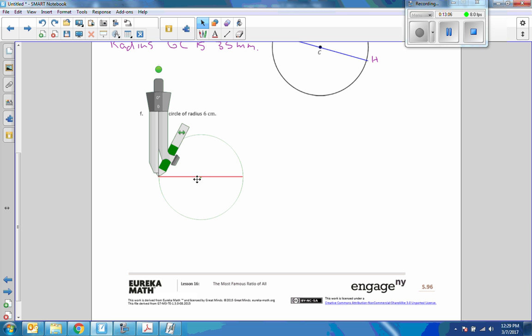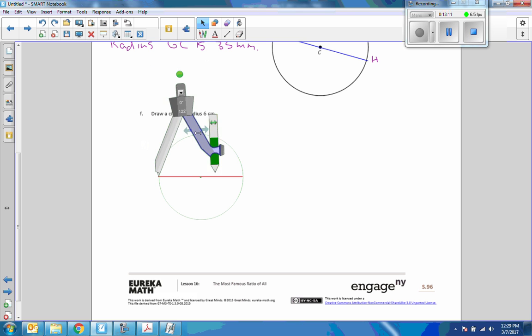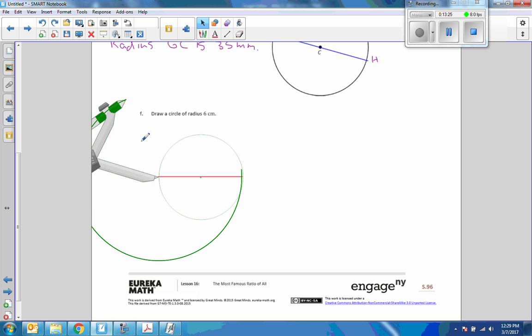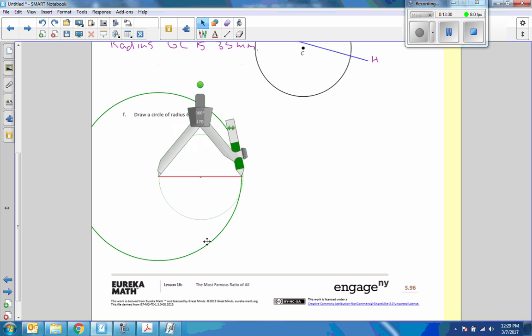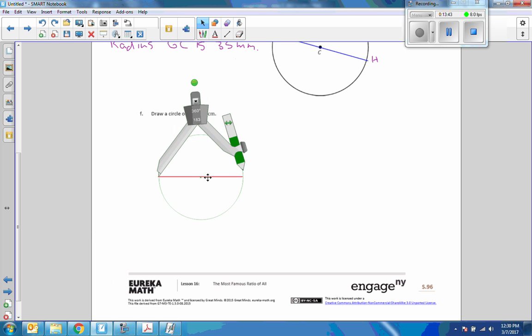Okay, so this is a diameter of 6 in this circle, but if I brought my compass out like this now and drew a circle with this diameter, watch how big my circle is. Okay, and it's off the page. So this would be a circle with a radius of 6. Okay.